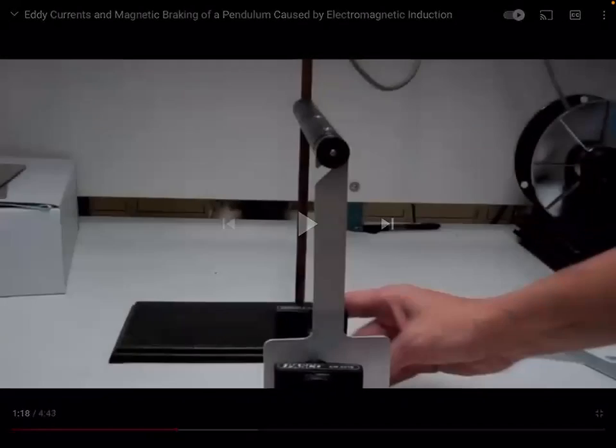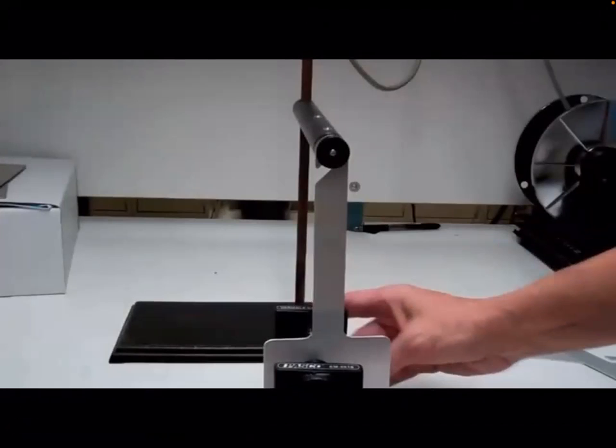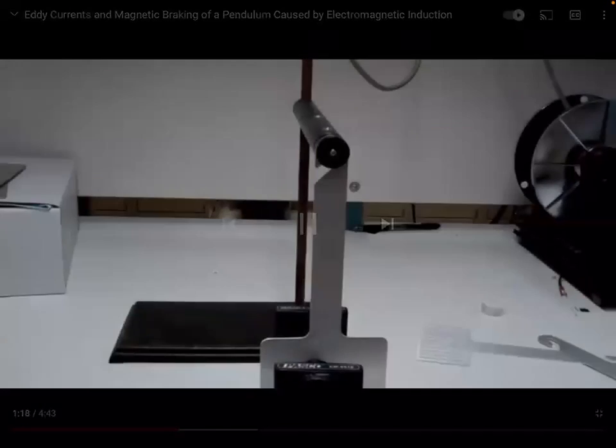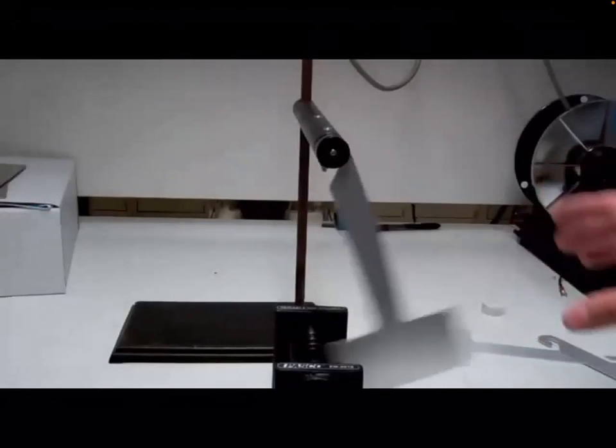Can you tell me what exactly happened when it was swinging? It was swinging under the influence of whom? Gravity, sir. It was swinging under the influence of gravitational force. Now, this same energy from the gravitational force is taken into the magnetic field. As a result, see what happens.